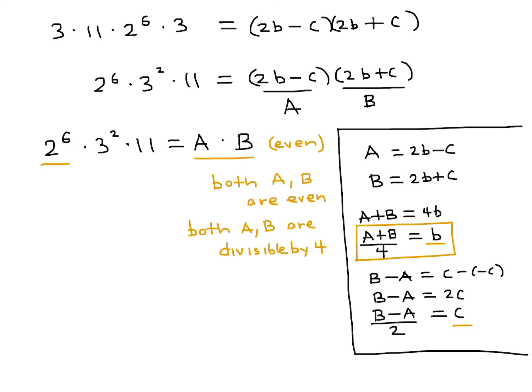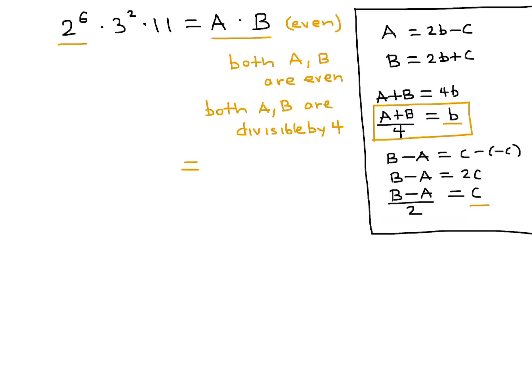That's the only way A plus B over 4 could be an integer, which in our case is B. So since A and B are both divisible by 4, I can put for A 4x, and for B I can put 4y. Perfectly fine, since both A and B we know are divisible by 4 according to that equation.